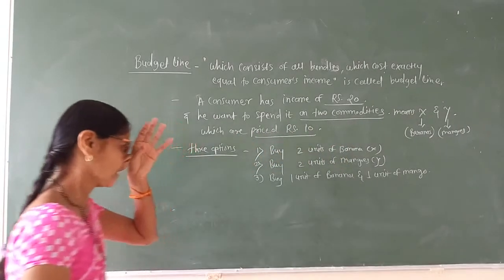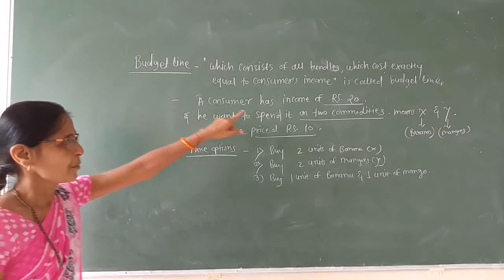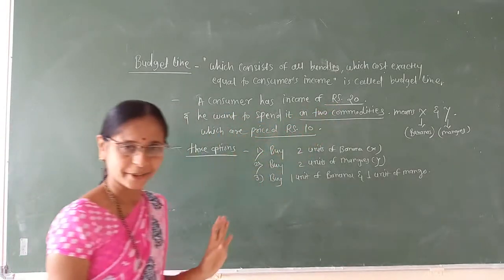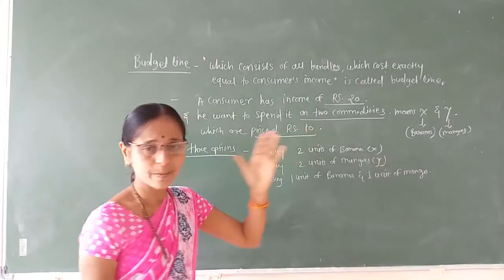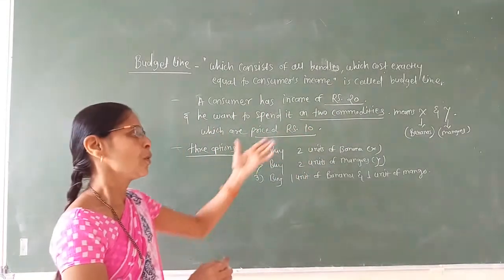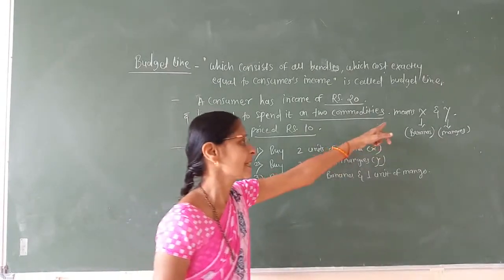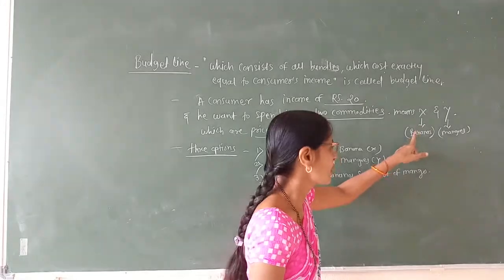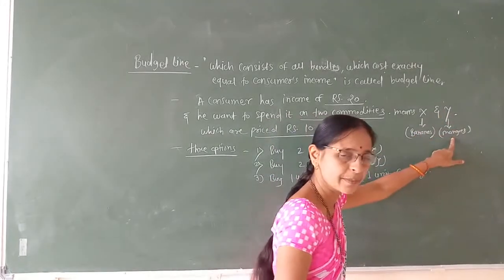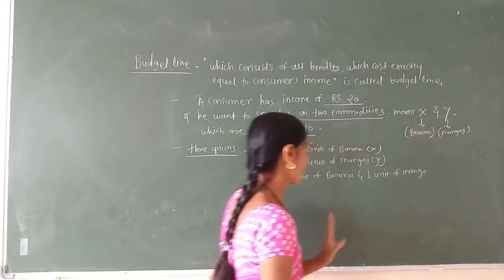See students, the income of the consumer is rupees 20. He wanted to spend his entire income only on the two commodities, X and Y. Here X means the units of banana and Y represents the units of mango.